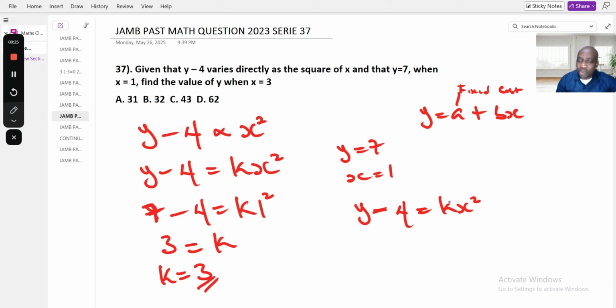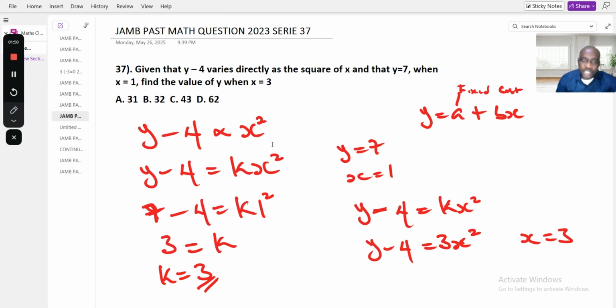You know that we have gotten k as 3. Therefore, it's y minus 4 equals 3x squared. Now, we will apply this. The second question says find the value of y when x is 3.